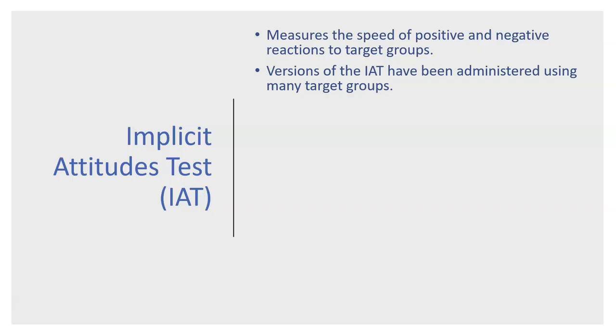If you get onto Google and you put in implicit attitudes test, and you go to the original site, you can take those tests and basically add to their database. But you can also be informed as to what your implicit attitudes are.